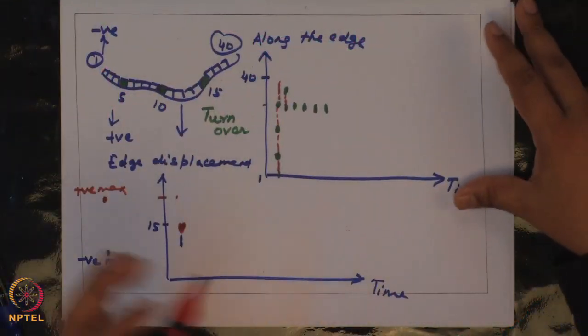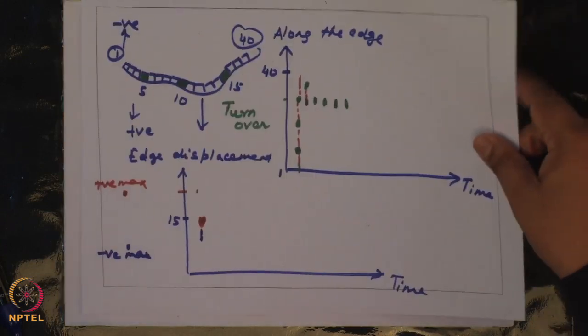So, you can track the coupling between these individual components by doing cross correlation.